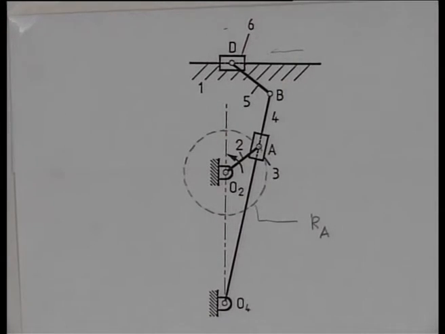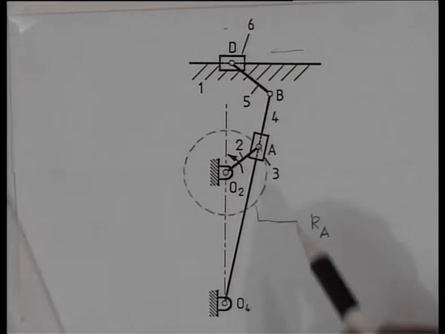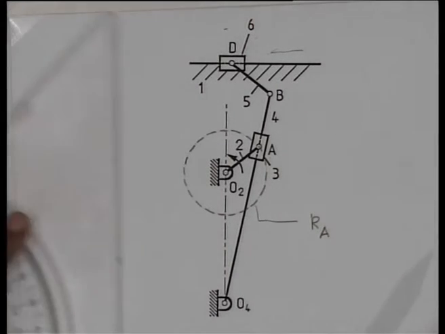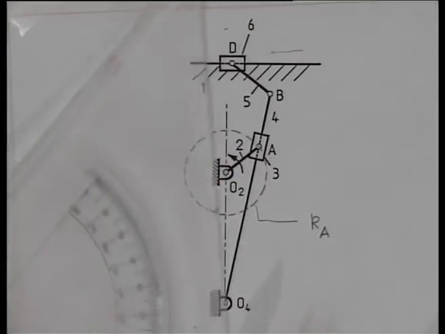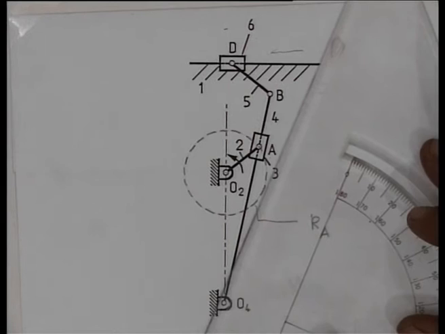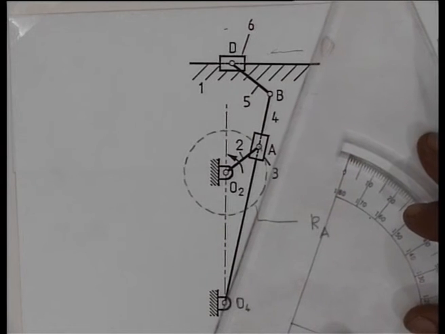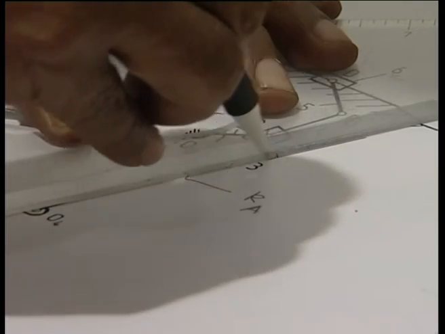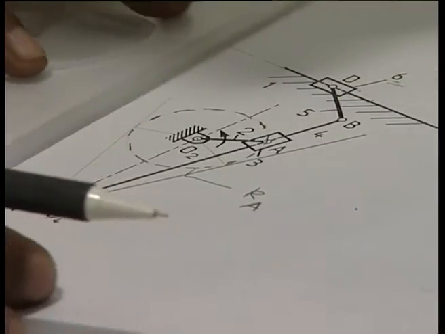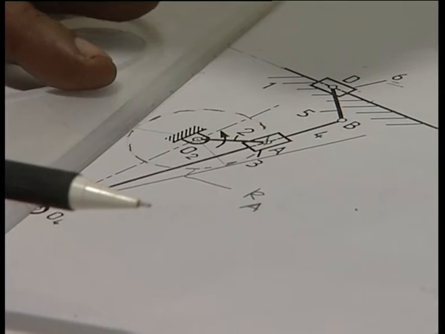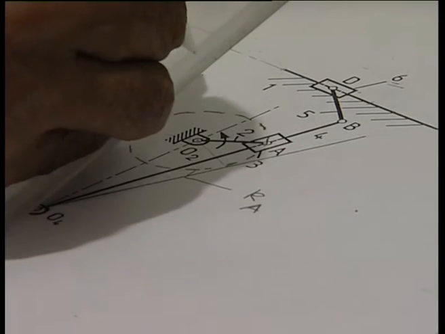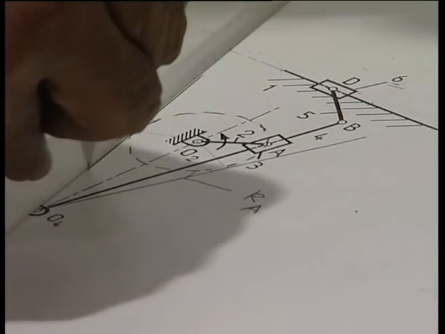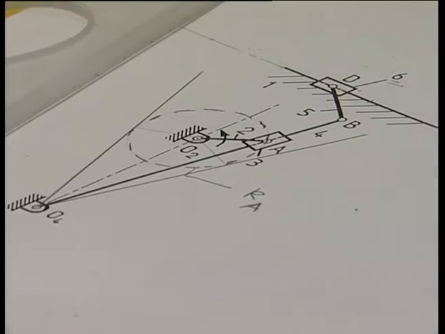To locate the extreme positions of the slotted lever, that is this link 4, I draw 2 tangents from the point O4 to this circle Ka. This is the tangent to the right, and similarly this is the tangent to the left.